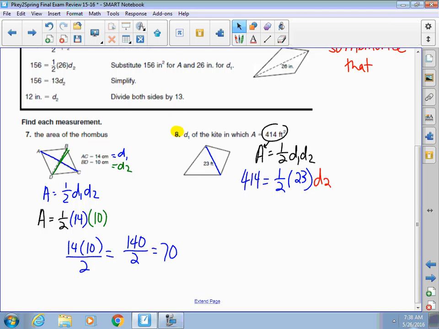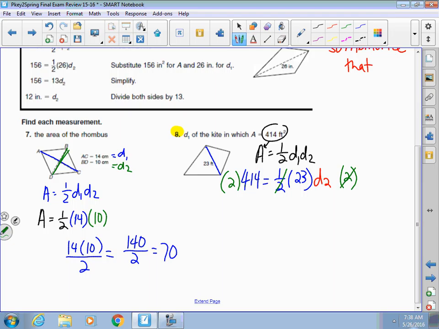So this is where it might be best to do what I said on the other slide, where we're trying to isolate the D2. So we want to multiply both sides first by 2. Okay? Because I can't take half of 23. You get a decimal. You can use a decimal if you want to, but I just think that maybe that might be easier. Okay, so it's just up to you. So when I do that, that gets rid of the 1/2.